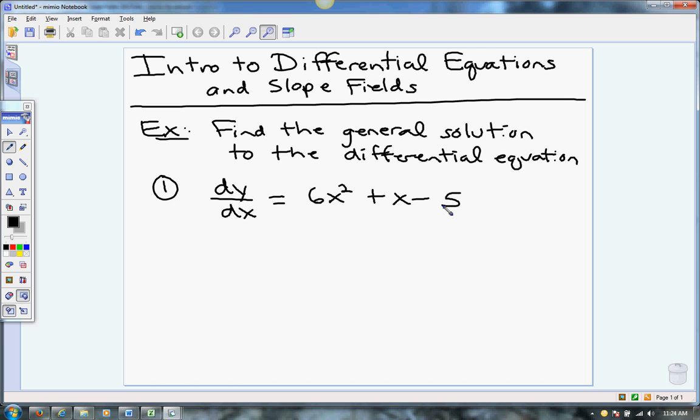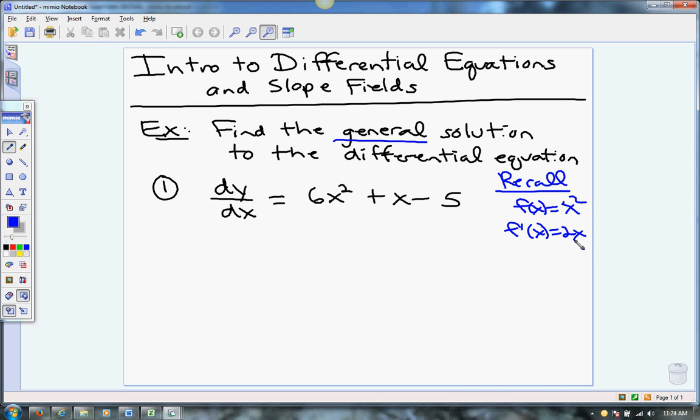If they say find the general solution, and I want to emphasize the word general, then the best way that I can explain this is to recall, when we did the derivative, let's say that I had f of x equals x squared, and f prime of x is 2x, right?